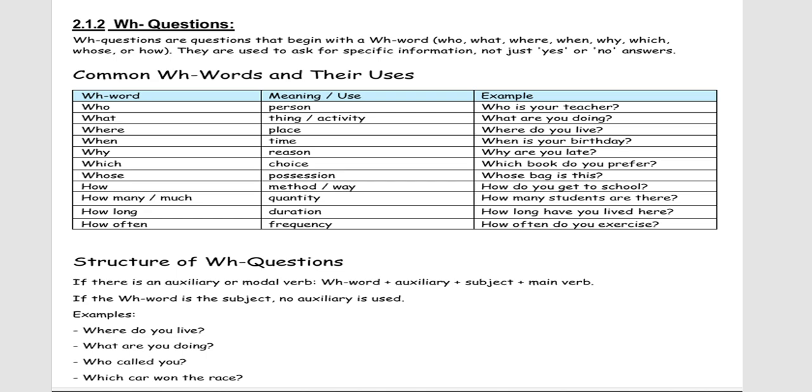Then we have WH questions. You should know when to use who and when to use what. Who is used with people or persons, what is used with things or activity, where refers to place, and when is all about time.